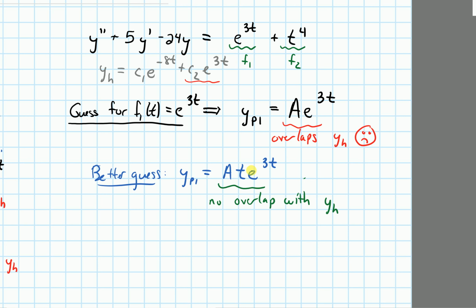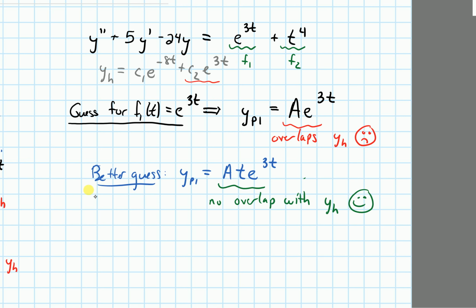And again, even though there's an e to the 3t in both of them, they are not just scalar multiples of each other. This underlying function here technically is t times e to the 3t, and that's linearly independent from the function e to the 3t. So that's why there isn't an overlap. Okay, so there isn't an overlap, so we are happy.